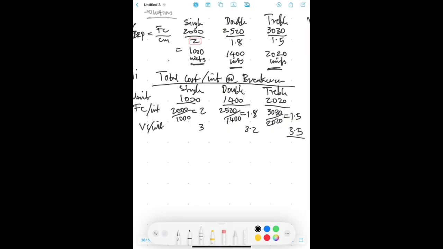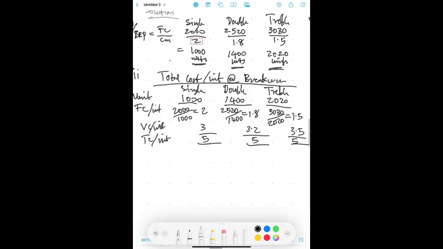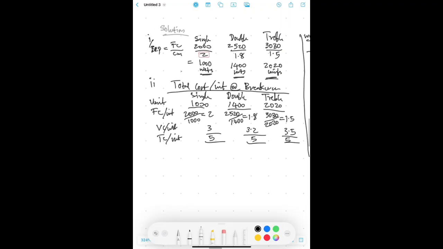If you add them, that will give us our total cost per unit, or total unit cost, which is the same as total cost per unit. So that answers the second part of the question.